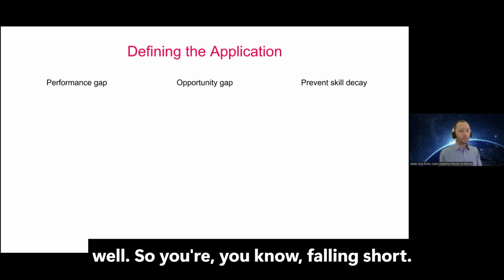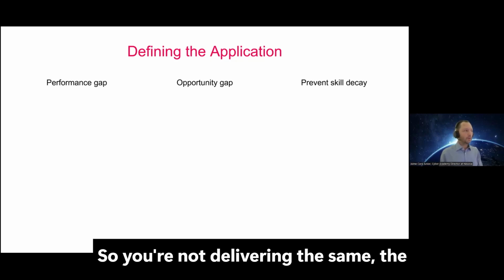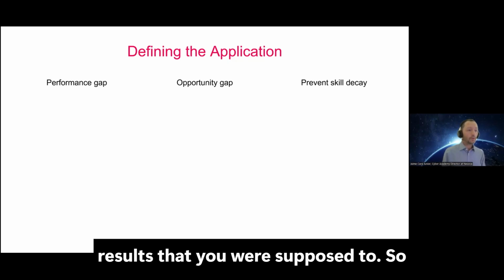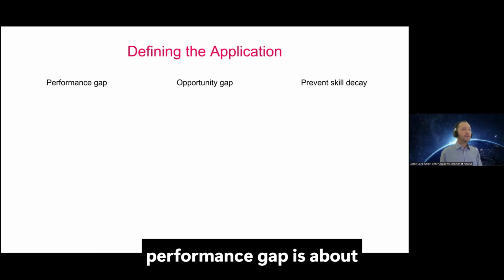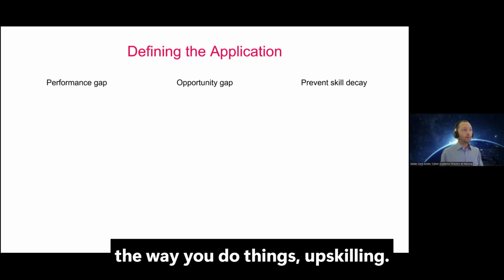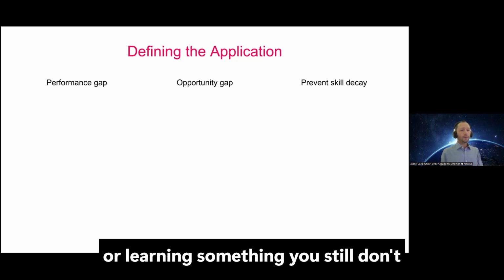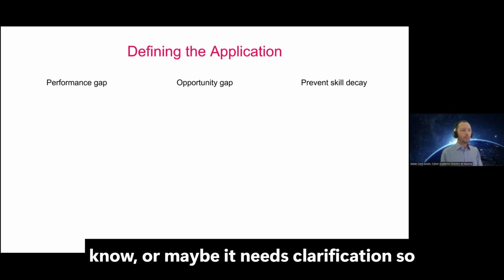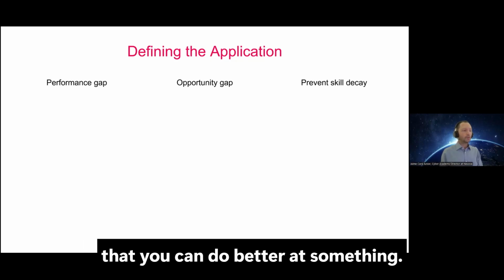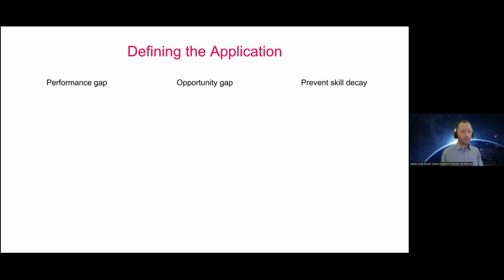So you're falling short. You're not delivering the results that you were supposed to. So performance gap is about improving the way you do things, upskilling or learning something you still don't know, or maybe it needs clarification so that you can do better at something.